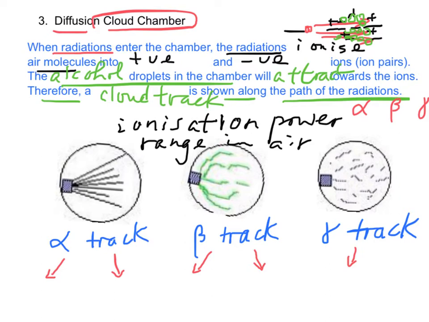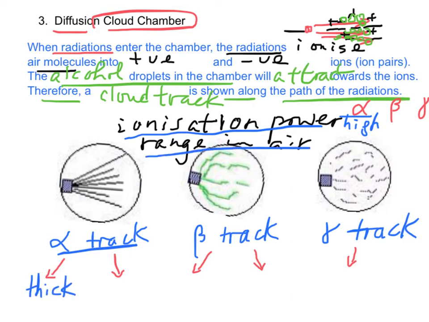Since the ionization power of alpha particles is very high, the alpha track will be very thick. However, the range in air for alpha particles is small, only a few cm in air. Therefore, the alpha track shown will be short.